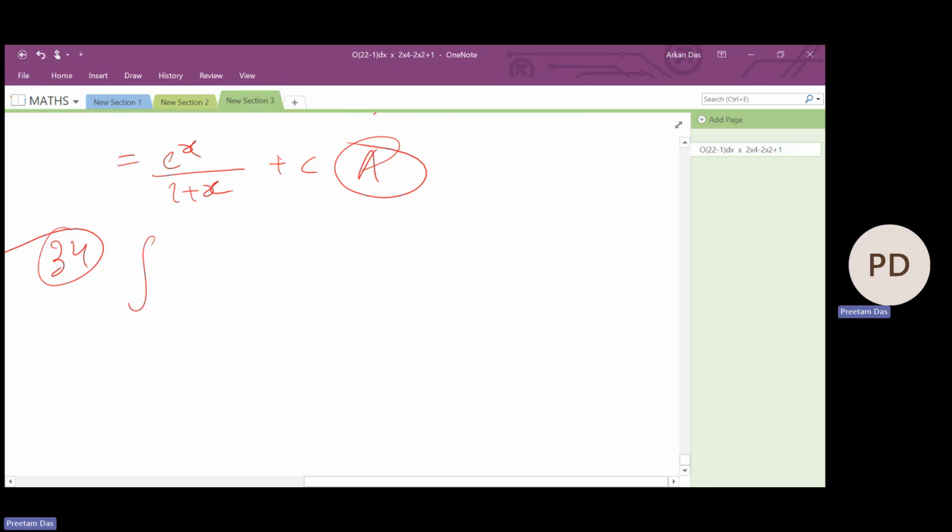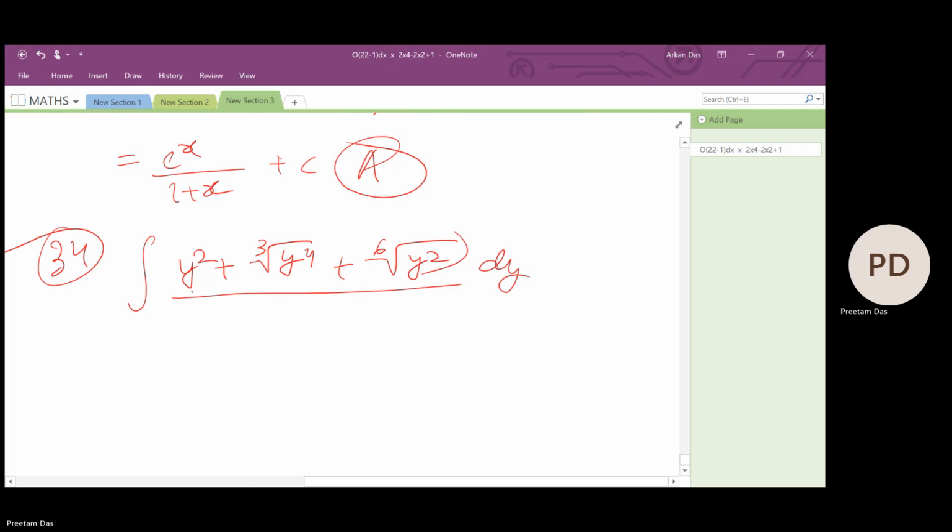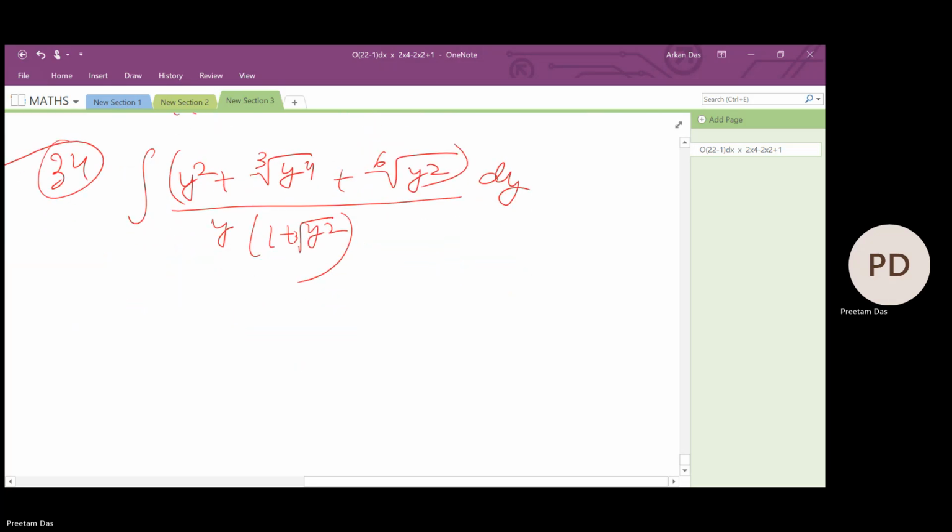Question 34. Integration of y square, then y into 1 plus cube root.